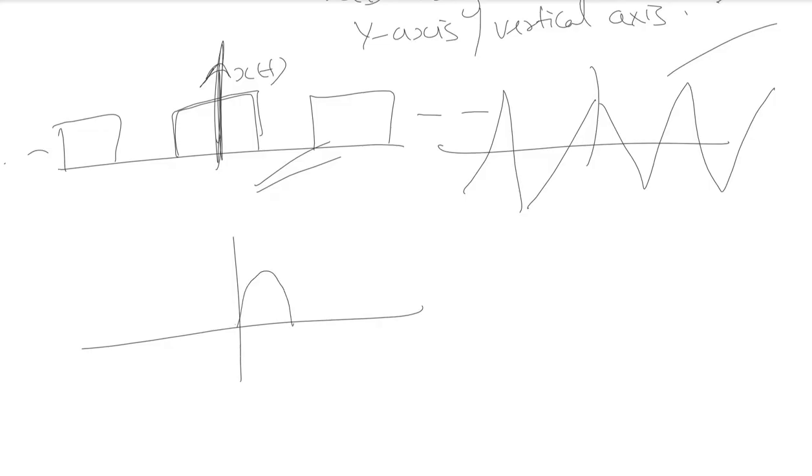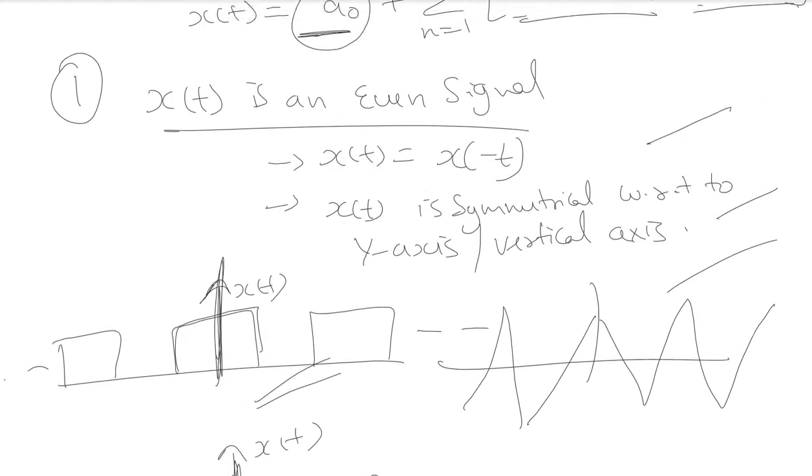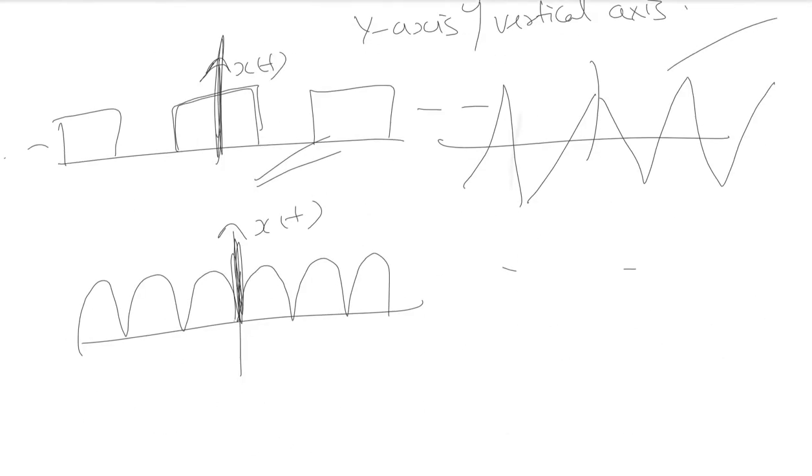Then the full wave rectified sinusoidal waveform is also an even function. It is clearly symmetric around the vertical axis, and so on. There can be several examples of this. So the prior information with us is that xt is a periodic signal and it is also an even signal.